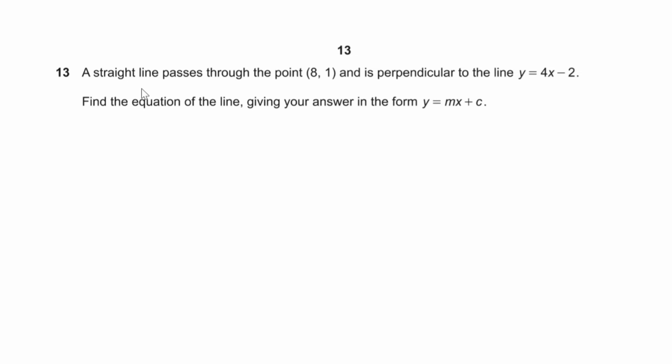Question number 13. A straight line passes through the point (8, 1) and is perpendicular to the line y equals 4x minus 2. We have to find the equation of the line, giving the answer in the form y equals mx plus c. Well, if we consider y equals 4x minus 2, then this would have gradient of 4.